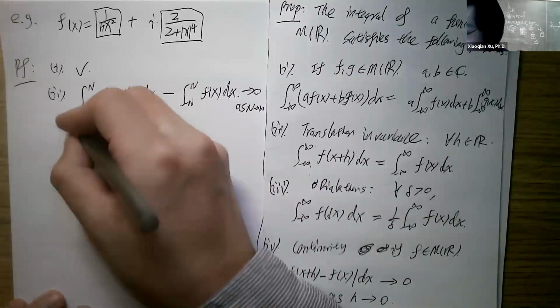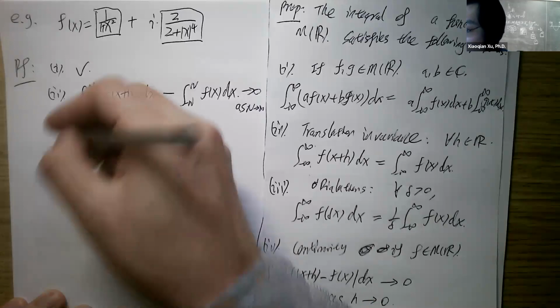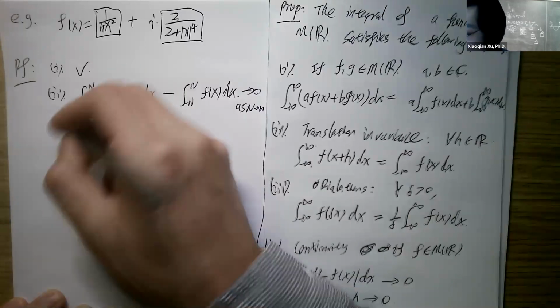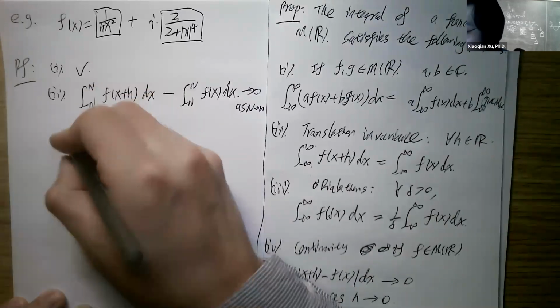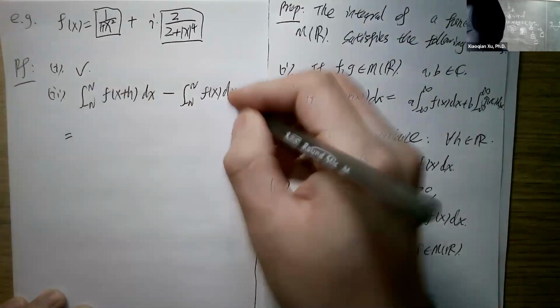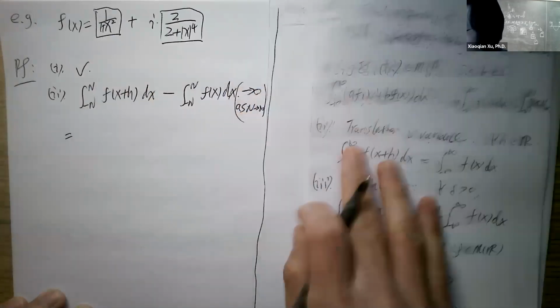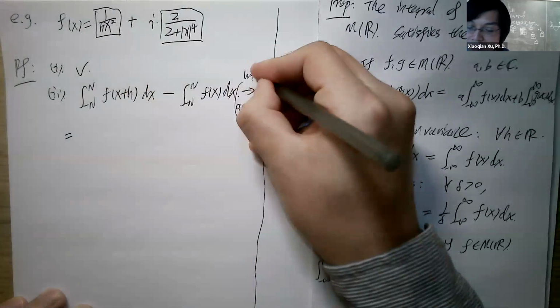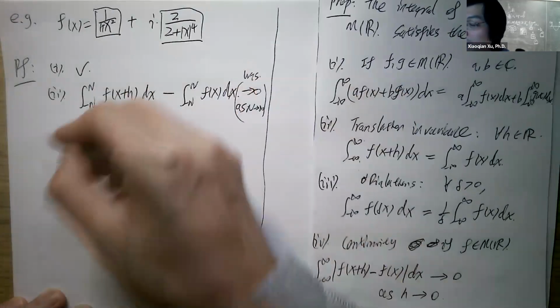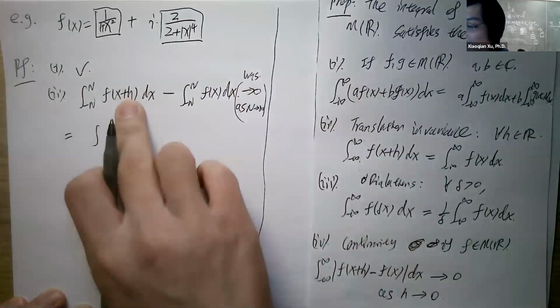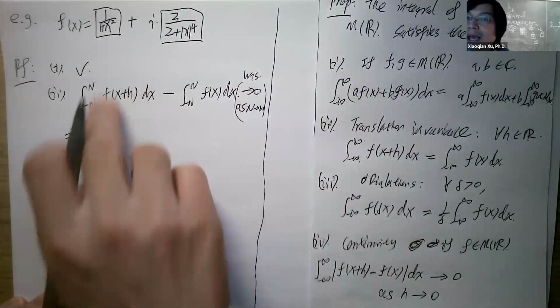But this is not so hard, right? This is something we are able to handle. It is nothing but the integral. We can do the change of variable because it's a finite domain integral.